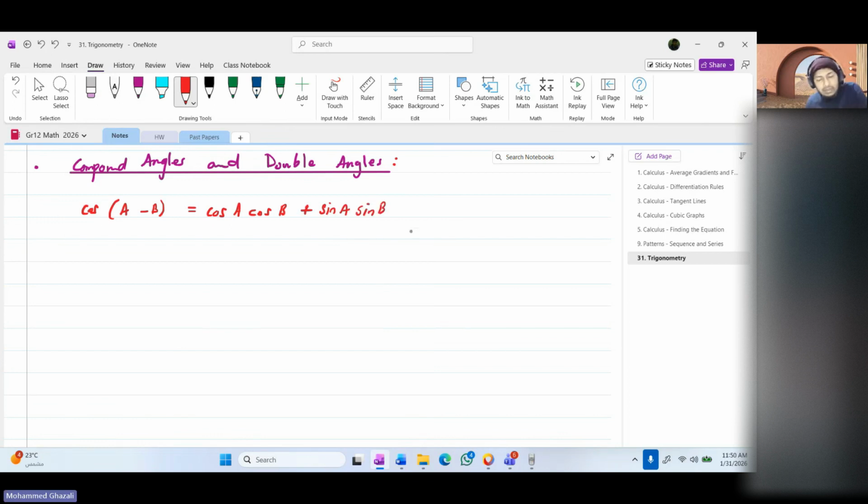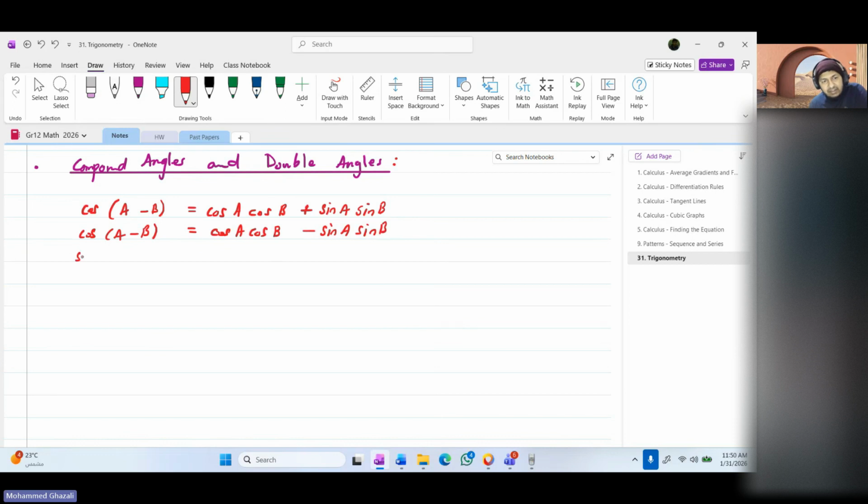Now, this is the formula for expanding cos when there is a difference. Now, what happens if there is a plus? If there is a plus, then this part will become a minus, right? Example, what is cos of A plus B? Cos A cos B minus sine A sine B.